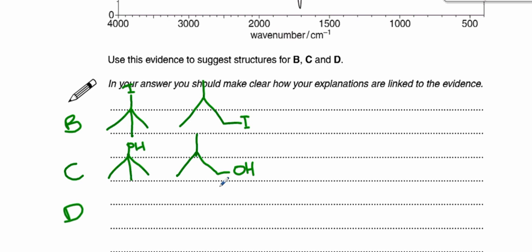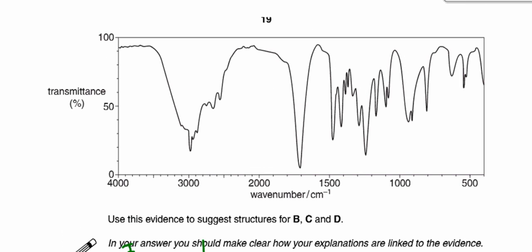And now I'm going to have a look at the infrared spectra and try and determine the structure of D. So on the infrared spectra, I've got here, oh look, perfectly from my data sheet, 2500 to 3200, I've got a very broad peak here.